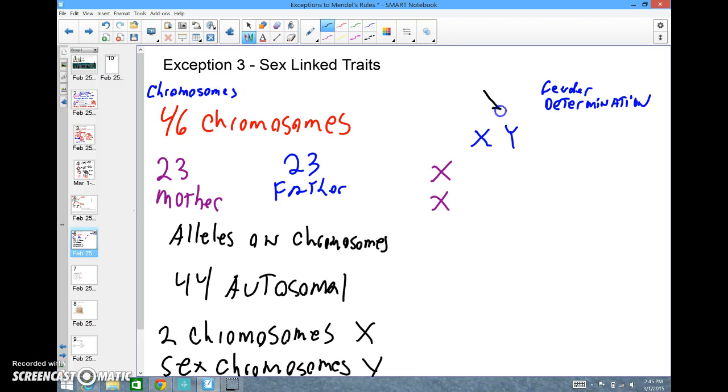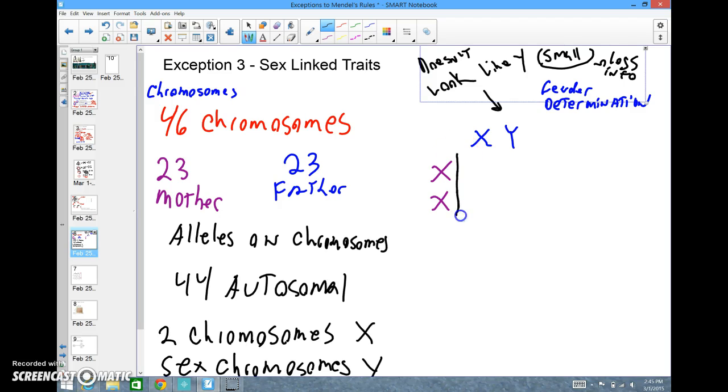A couple of things about this: it doesn't look like a Y. When you actually look at chromosomes, which we're going to do in the future, it doesn't look like a Y. It's just a really small X chromosome. And it's small because it has less information on it, and that's going to become important as we move forward.